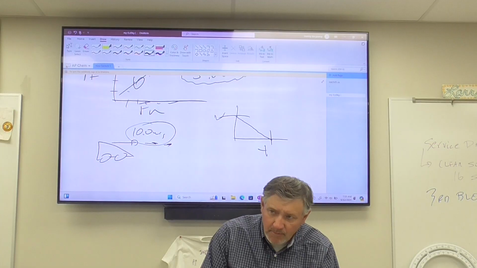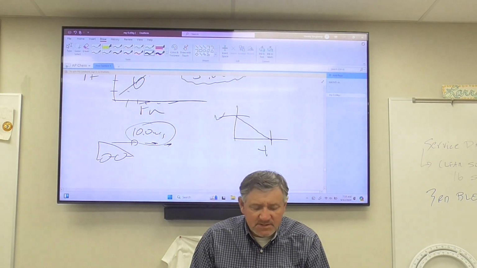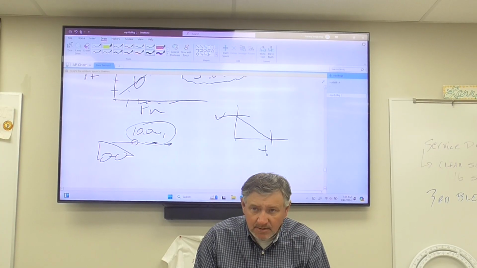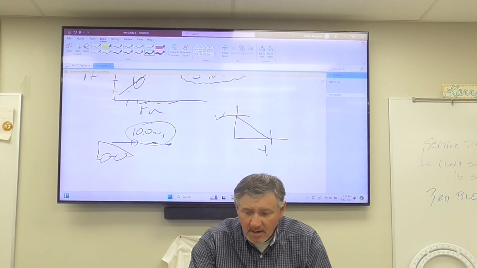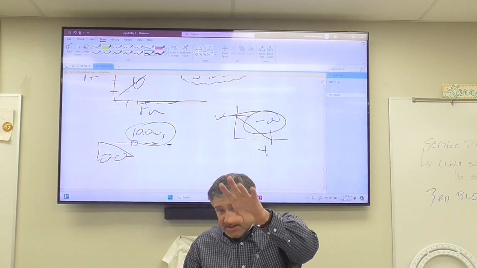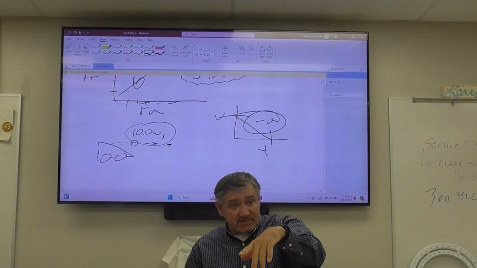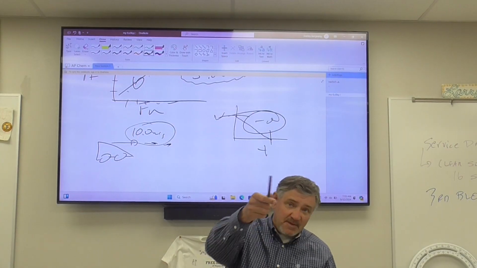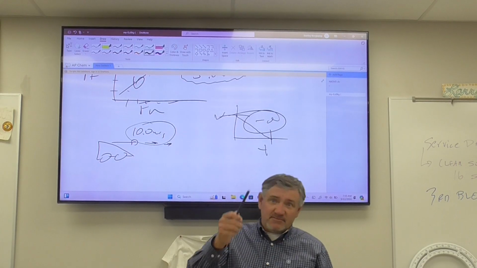But here's the main point. What's going to be the sign of the acceleration? Negative. Again, I don't care what the acceleration is. I just need to understand that there's going to be negative acceleration. Now, Danny, that big sign behind you, F equals ma.